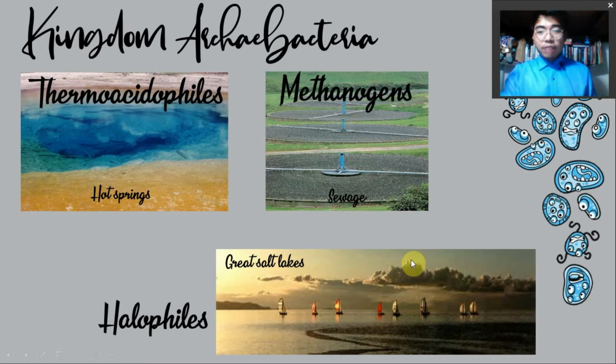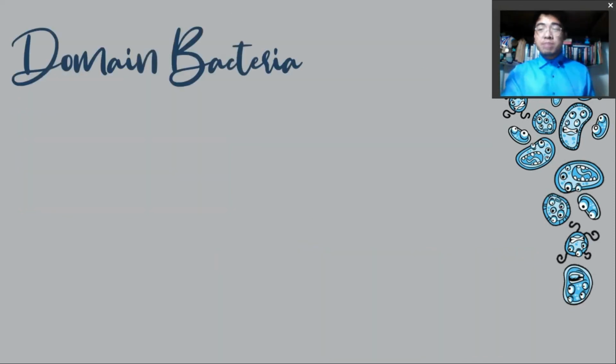Then we also have the methanogens, which are present in sewage because they thrive on the presence of methane, and these organisms die in the presence of oxygen. At the same time, there are also archaeans considered as halophiles, which are present in conditions with a very high amount of salt, just like the Great Salt Lake and the Dead Sea. Let's now proceed to the domain Bacteria.